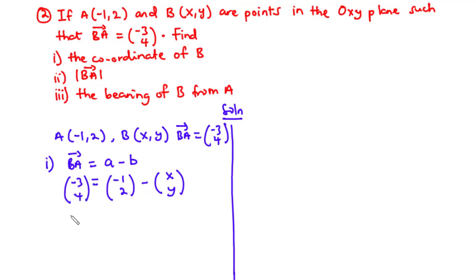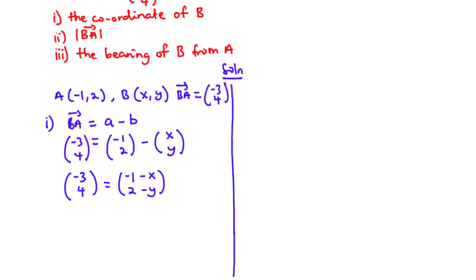Now let's simplify this expression. We have (-3, 4) equals (-1 - x, 2 - y). Negative times x is -x, and then 2 minus y. Now we are going to equate corresponding x and y components.